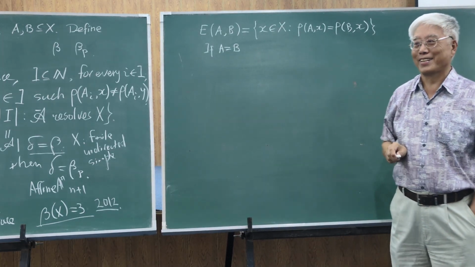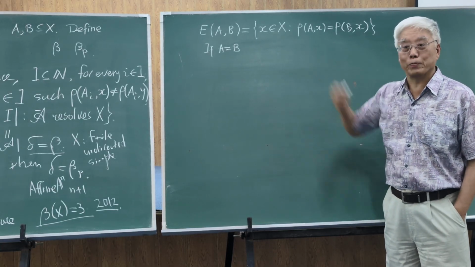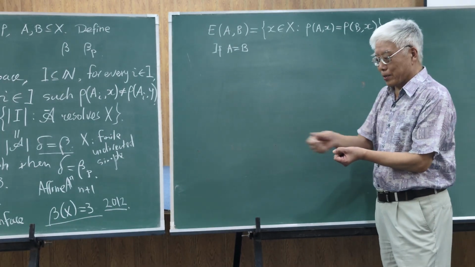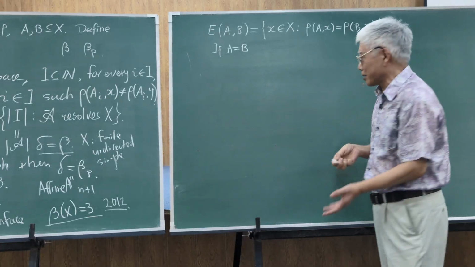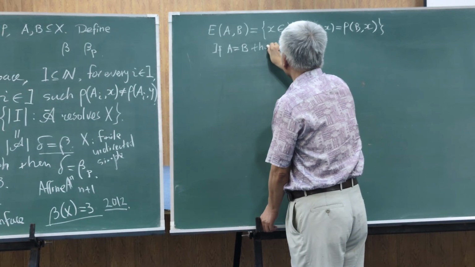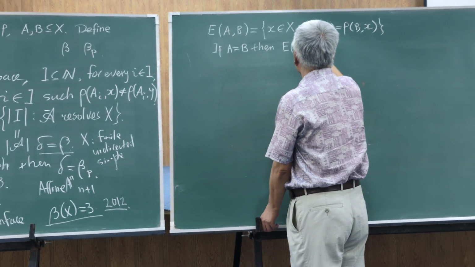You have to answer quickly. This is the whole space, isn't it? It's the whole space because everything goes to the same distance, and that distance is only one there, so it doesn't matter which. So this implies that E_AB is X.